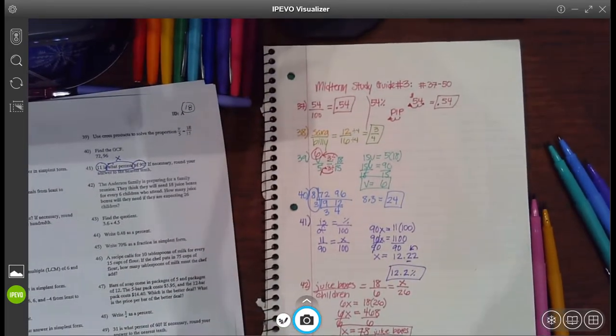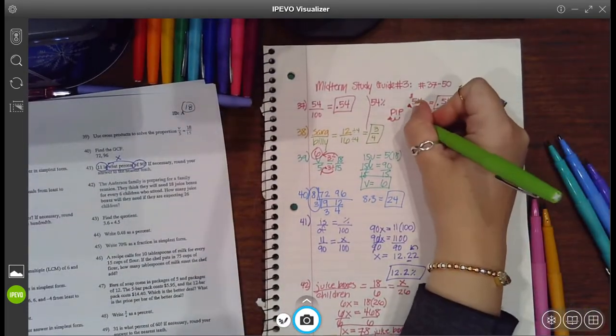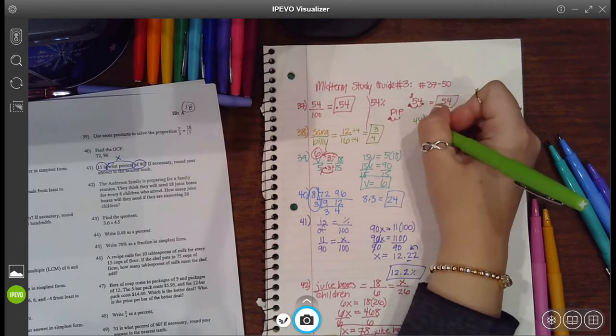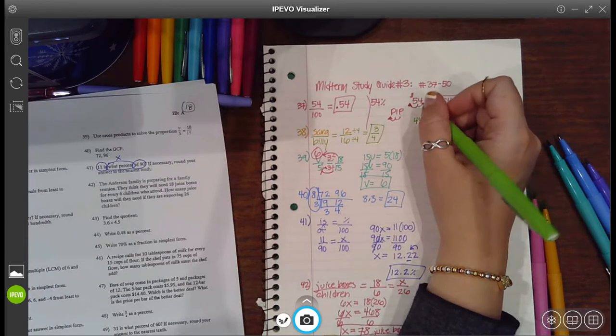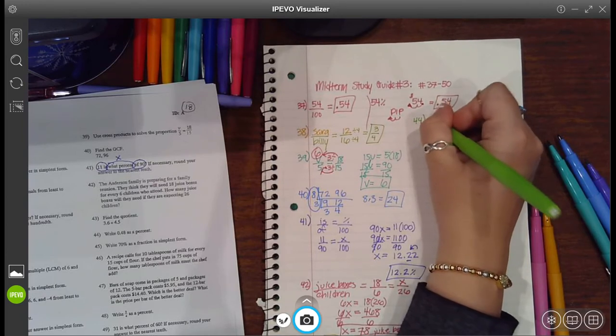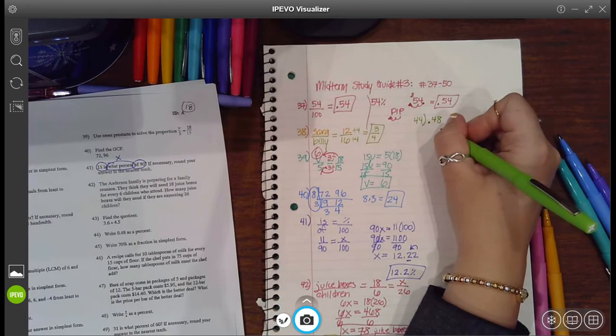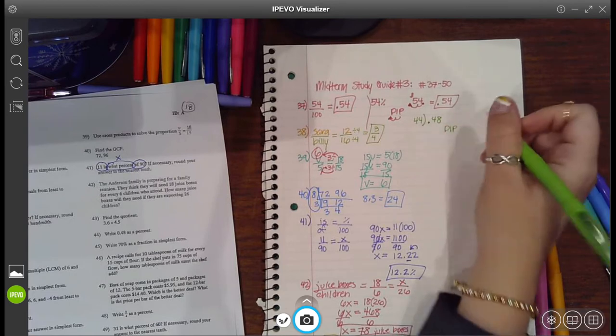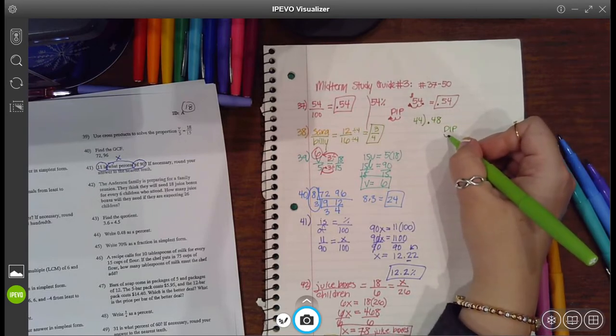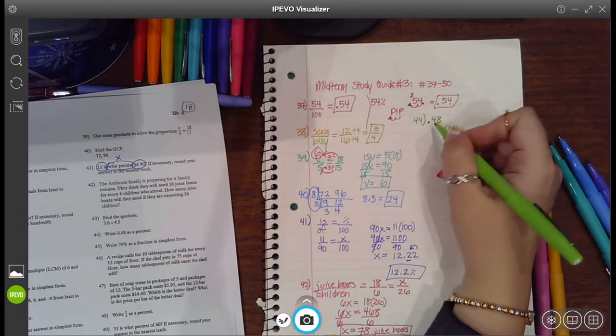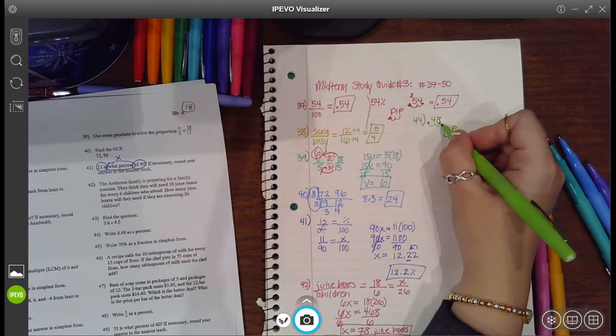Moving right along. Let's go ahead and take a look at our next one, number 44. Number 44 says write 0.48 as a percent. Okay, well, the easiest way, if I remember DIP, decimal to a percent means move it to the right. So move the decimal 1, 2 places to the right.